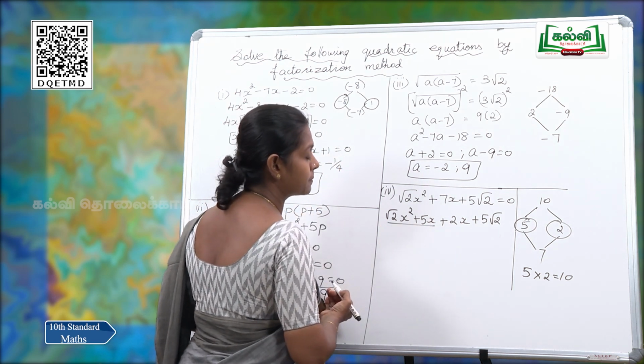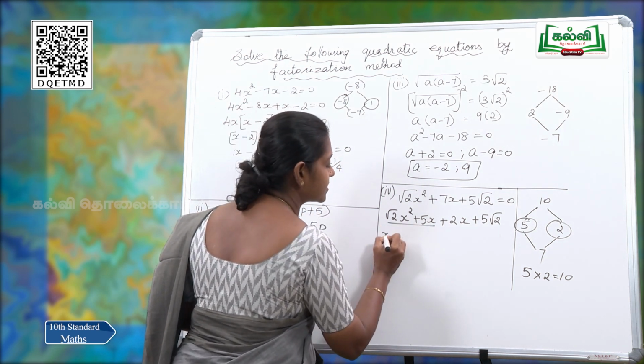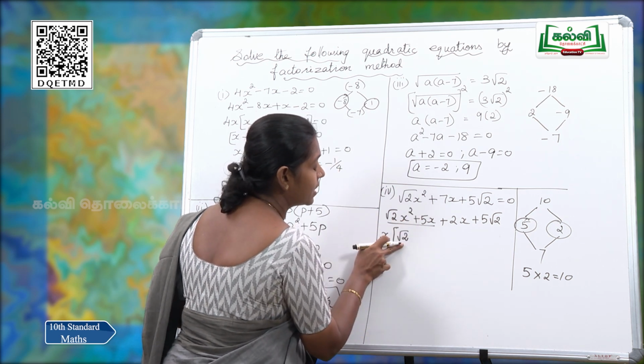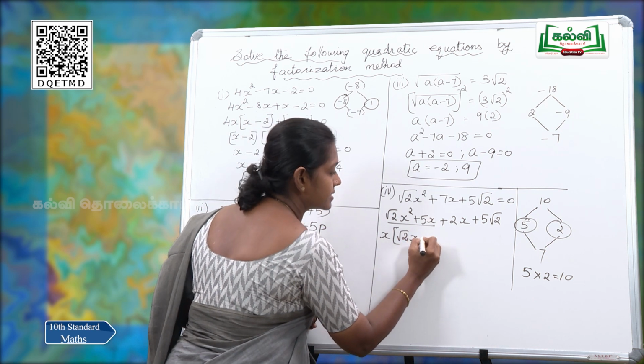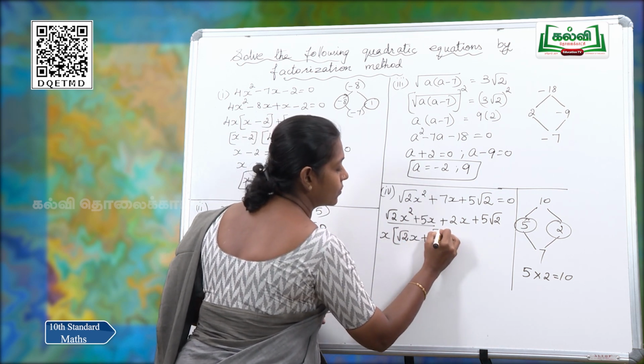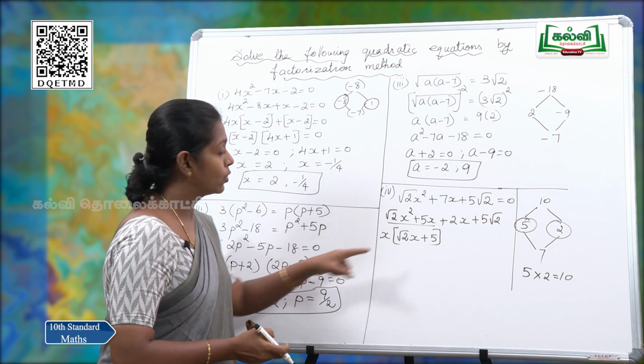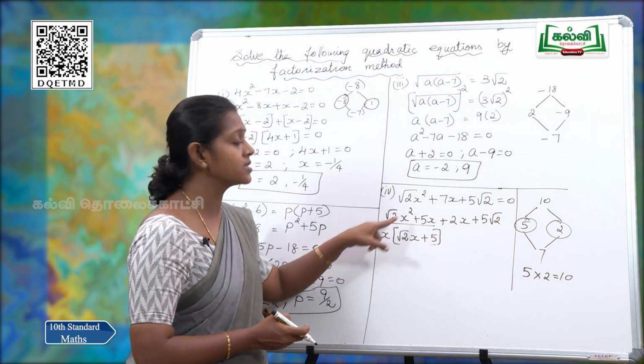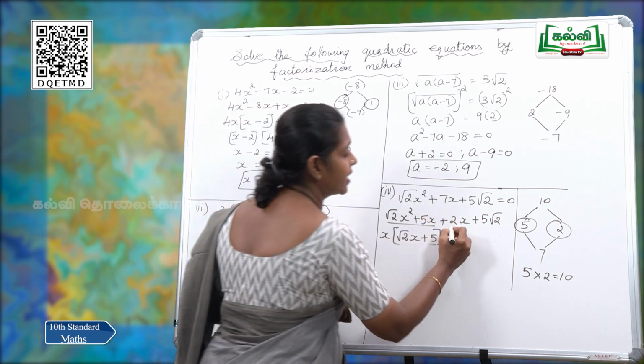What is common in this? Only x is common. So, I have to take x out. So, the balance will be root 2 x plus 5. Now, just check, root 2 x into x is root 2 x squared, plus 5 into x is 5x.